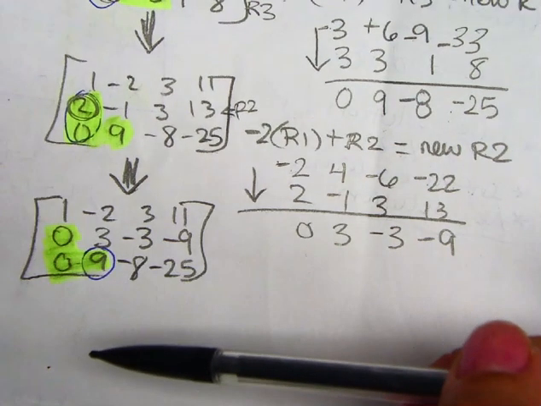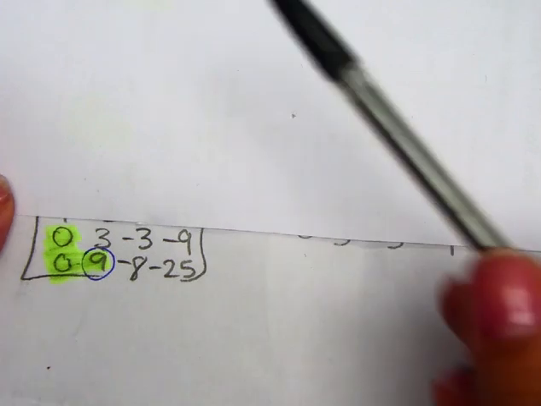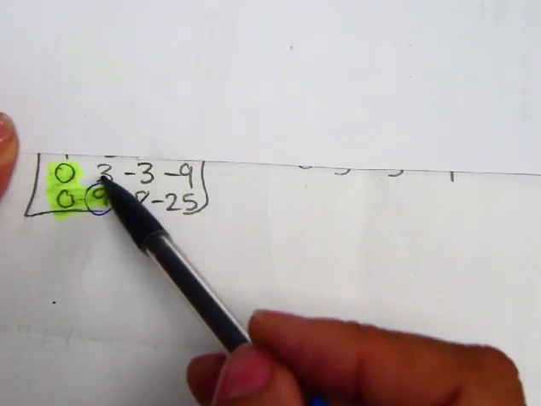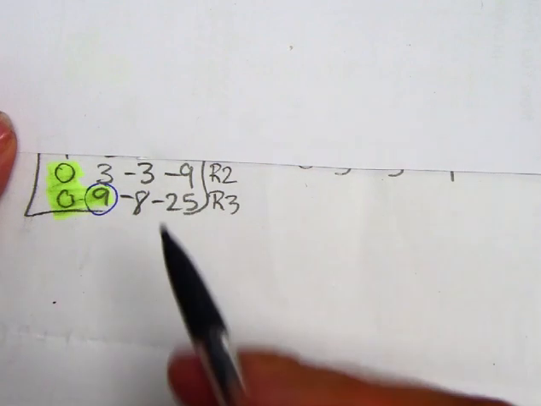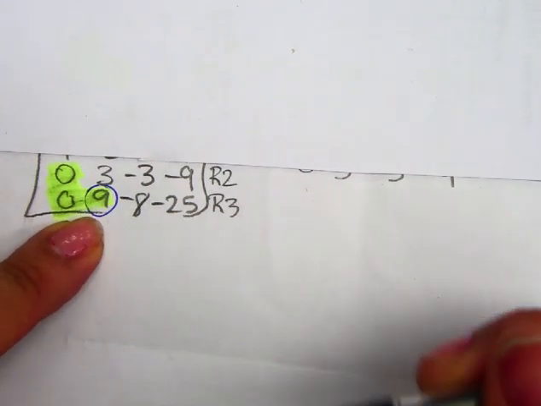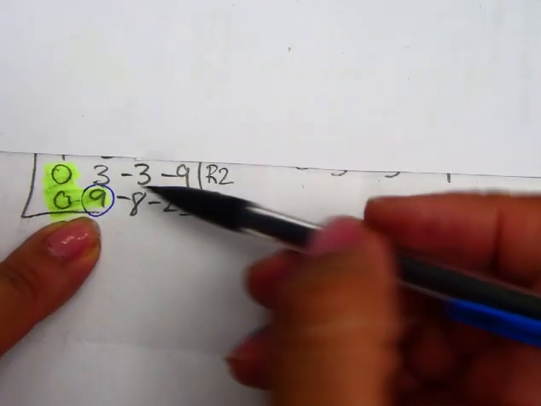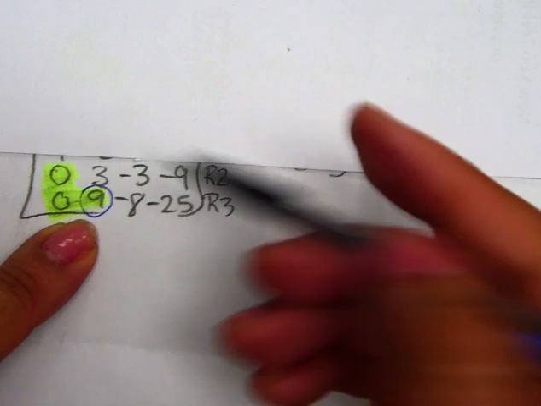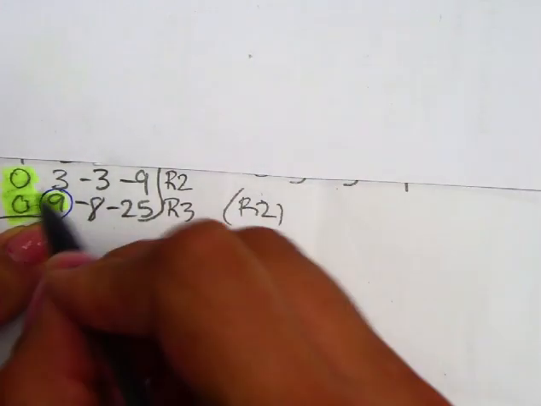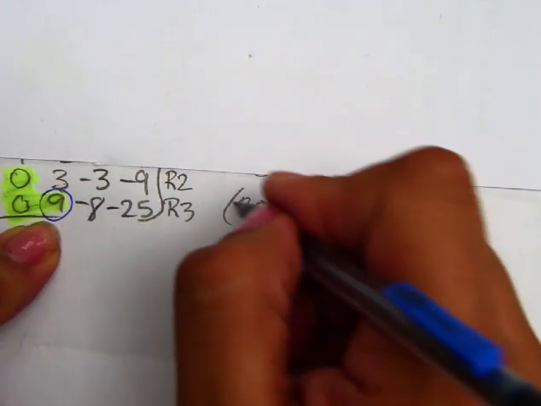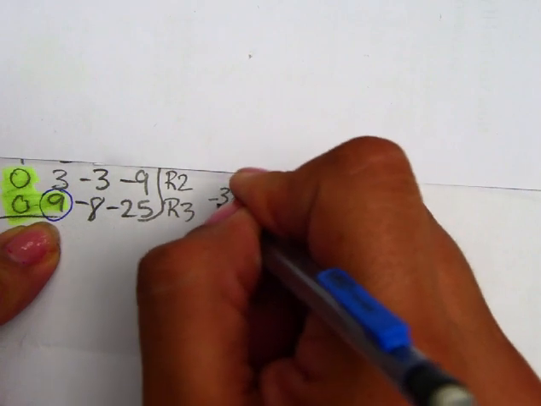So again, what you want to do is pretend row 1 is not there and only focus on row 2 and row 3. So 9 can be canceled with a negative 9. Can 3 become negative 9? Yes. So row 2 can become a negative 9 right there if we multiply it times negative 3.